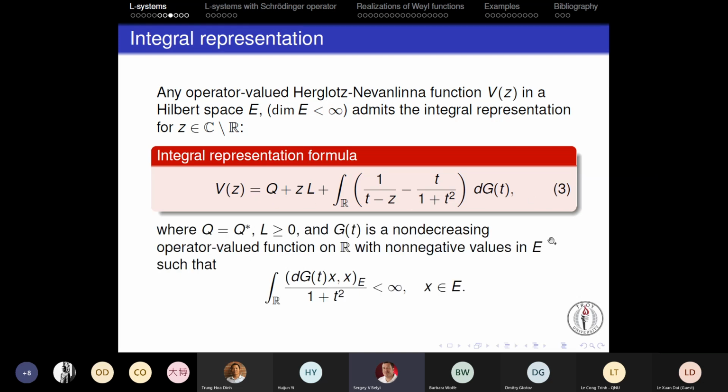And certain conditions can be applied on the elements of this integral representation to select the functions that are realizable, that fit the class which is relevant for solving the direct and inverse problems.